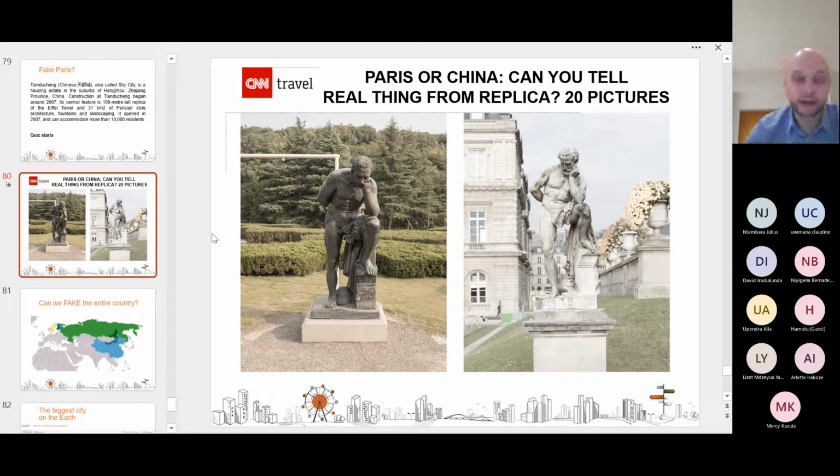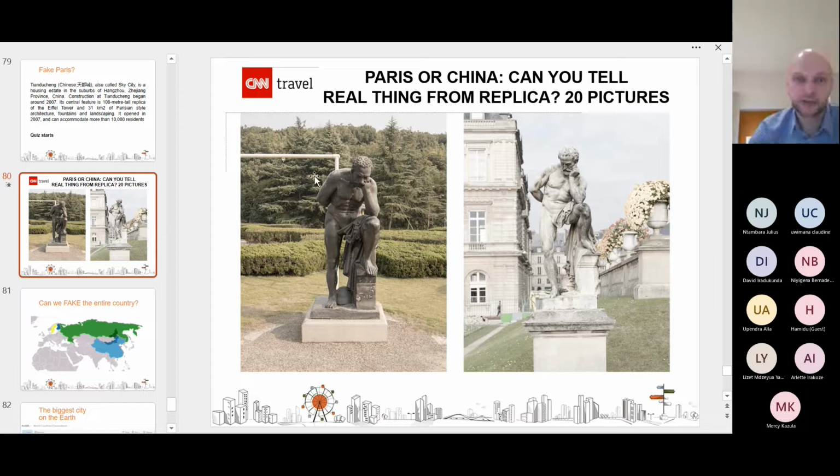I think later I can share this presentation with you. So if you skip something, you will be able to read the information and see these pictures and related data later in your own time.